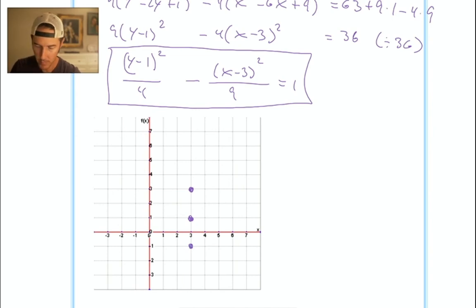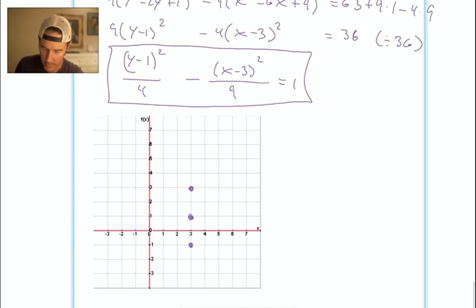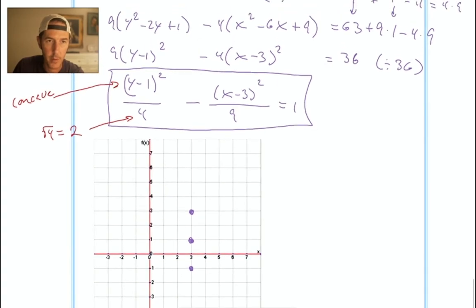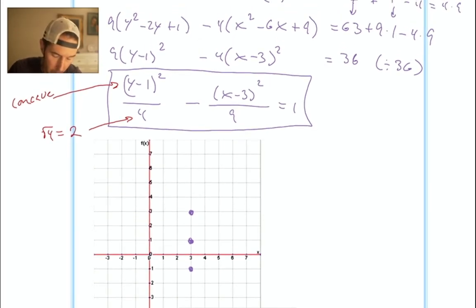Now you should put some kind of notes in there about what we just did. So maybe we could say that the square root of 4 equals 2. We could say concave up and down.